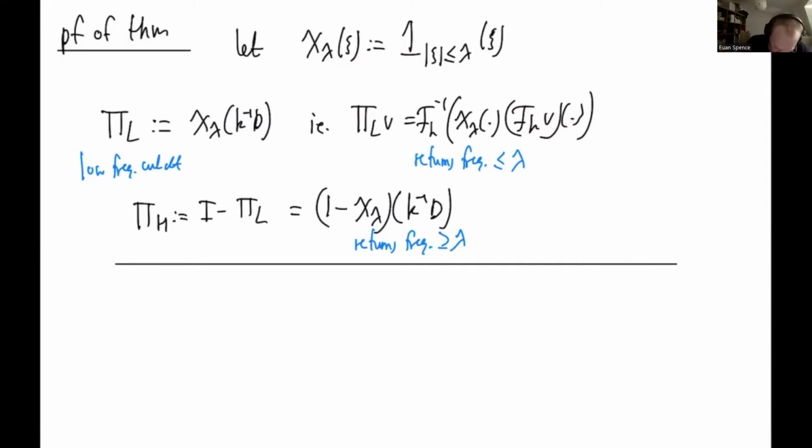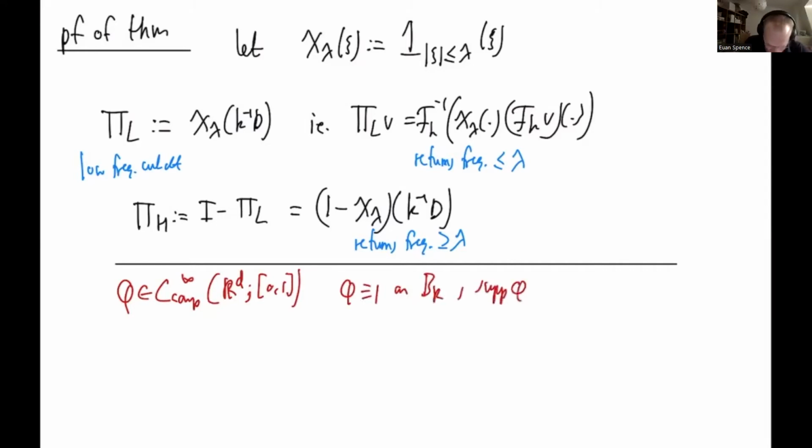So what I'm going to do is choose a compactly supported phi in R^D with values between 0 and 1, such that phi is identically 1 on the ball of radius r, and say the support of phi is contained in the ball of radius 2r. And now my UA is going to be pi L, the low frequency cutoff, applied to phi U, and restricted to the ball of radius r.